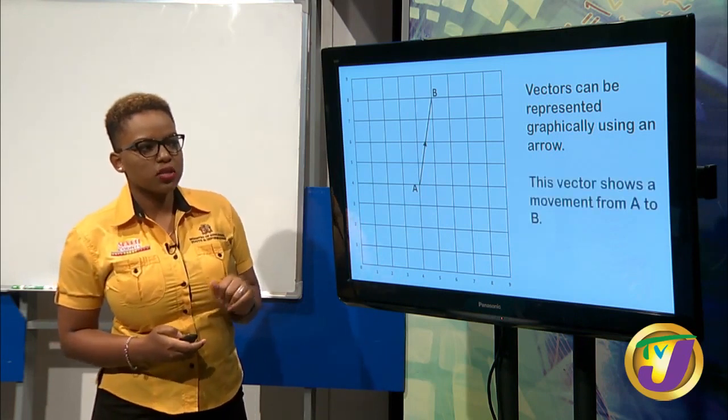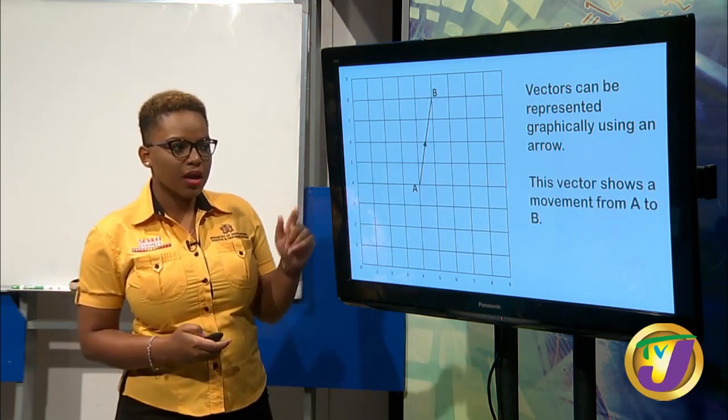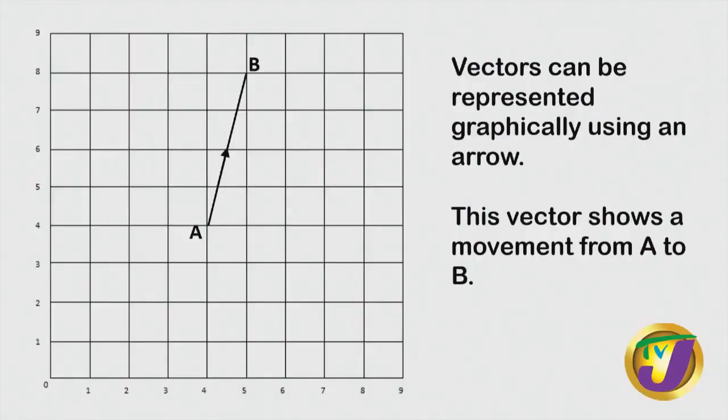This vector shows a movement from A to B. So we are going from A being here, and we're going to B as indicated on our vector by the arrow there. And so if we're writing vector AB, we write capital A, capital B with a little arrow at the top showing that we're going from A to B.